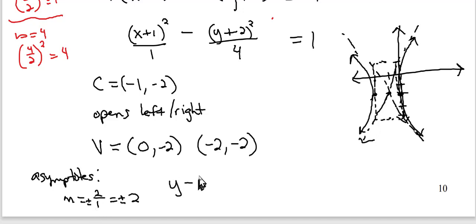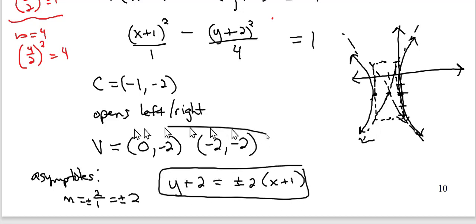So my equation would be y minus, let's see, my center is on them, so plus 2 equals plus or minus 2 times x plus 1, filling in that center for the x1 and the y1. That's my asymptotes. Here's my vertices.